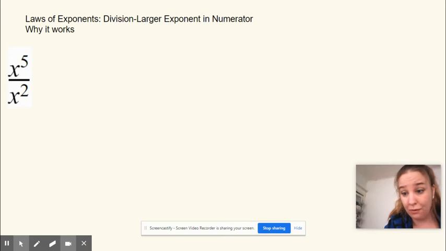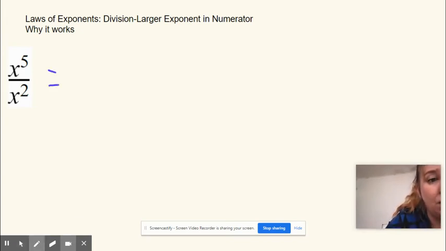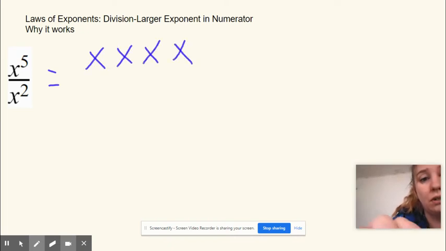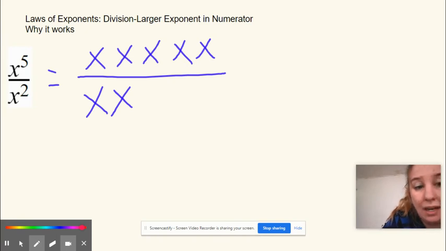Okay, so before I just throw rules at you, I'm going to explain exactly why the rule exists. So let's take a look. X to the 5th means x times x, 3, 4, 5, divided by x to the 2nd power. Anything divided by itself is 1. 3 divided by 3 is 1. 10 divided by 10 is 1.